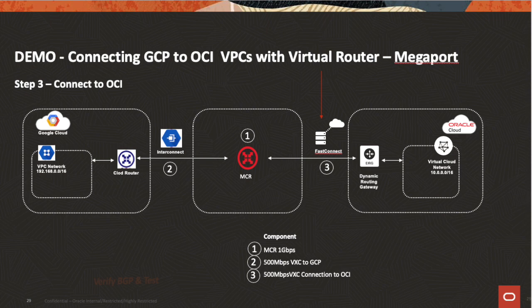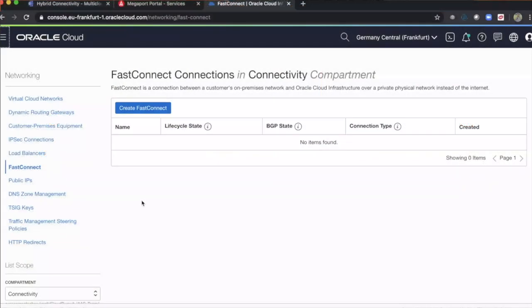Now we are ready to go through the third step, which consists of creating the connection towards Oracle Cloud Infrastructure. First of all, I'm going to log in to Oracle Cloud.